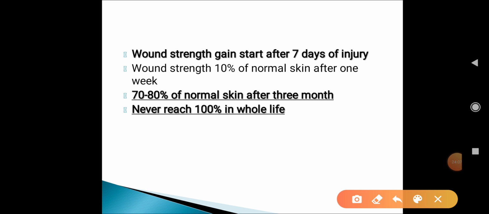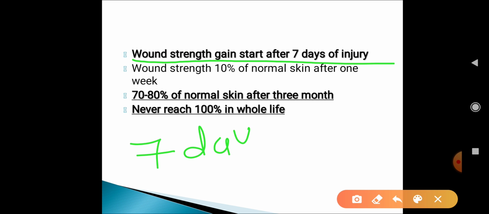This wound strength will start after 7 days of injury. We have already seen that after 7 days, approximately 1 week, the gap will be replaced by fibrocollagenous tissue, by the scar. So you can say that wound strength will start gaining after 7 days.